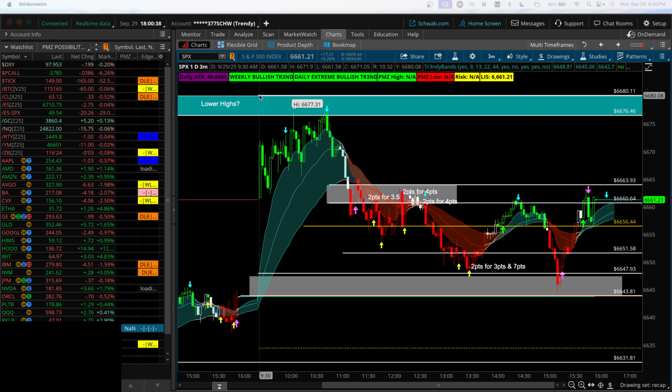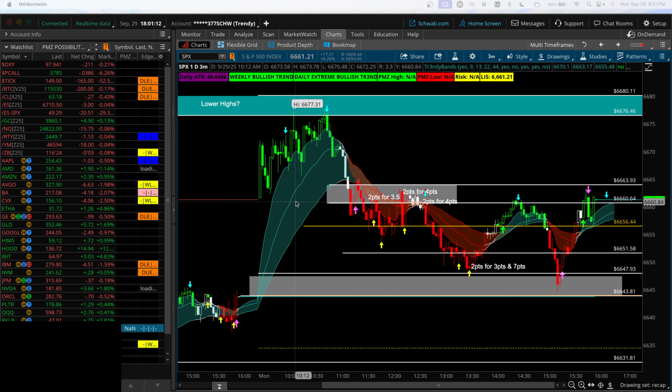So I knew there was immediate resistance above, which told me that if I were to go long above the PMZ, I better be prepared to take quick profits. Well, price never got up and above the PMZ. You can see all day we traded below the PMZ. That made my bias to the downside. So when we popped up here into the PMZ, this was a short the rip opportunity back down.